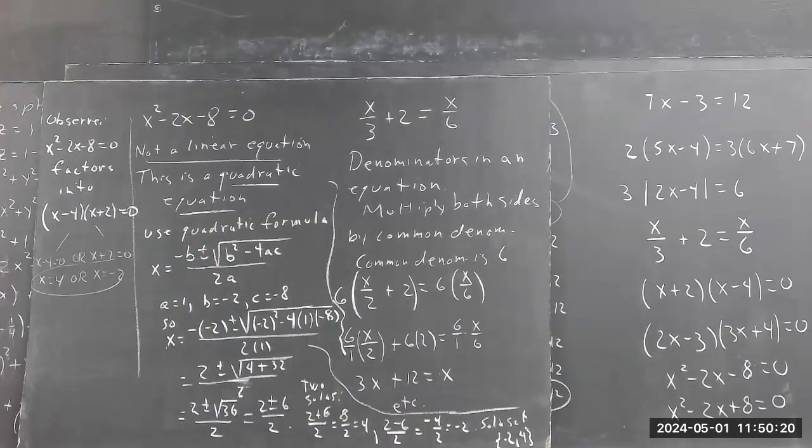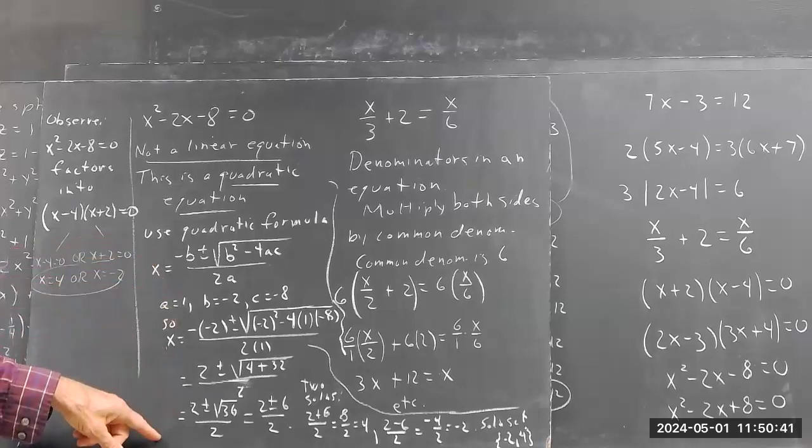The good thing though is that there are some equations that factor, but it's impossible to find the factors. You're just never able to figure it out, either because the factors are irrational or the numbers are just too confusing. But the quadratic formula will always work. It always gives you a solution.